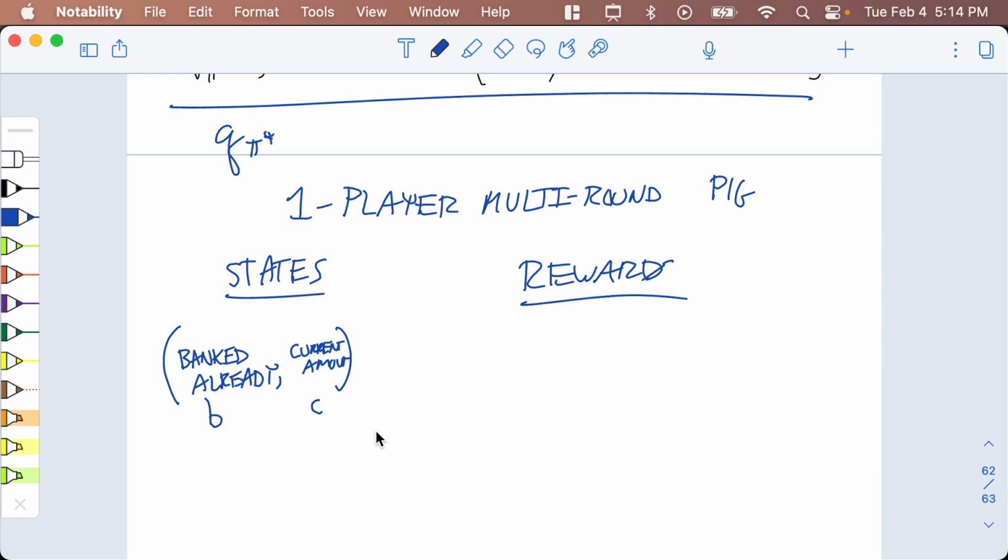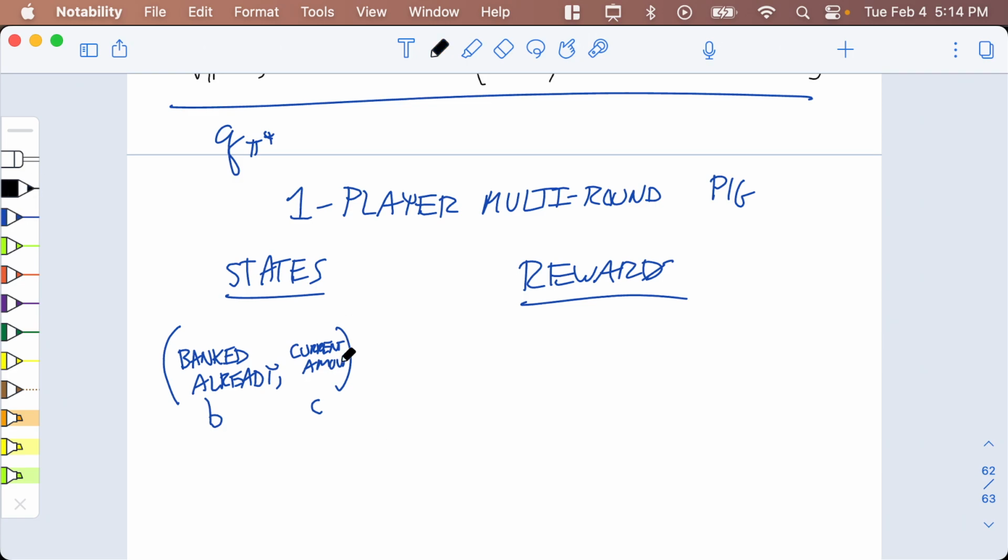Great. Anyone have anything to add? Yeah. Whether we're still rolling or whether we decide to pull it in for at least one of the rounds. I think what you're saying is the actions are different, right? Yeah. Okay. This is true.